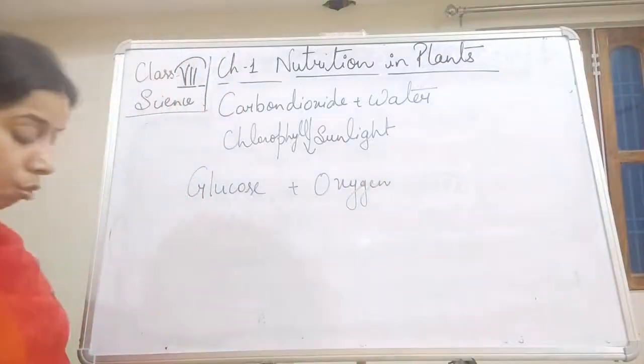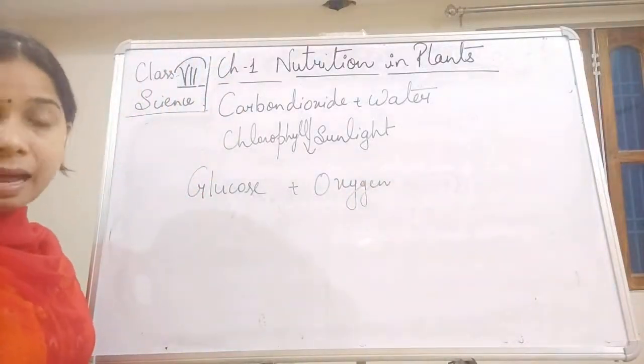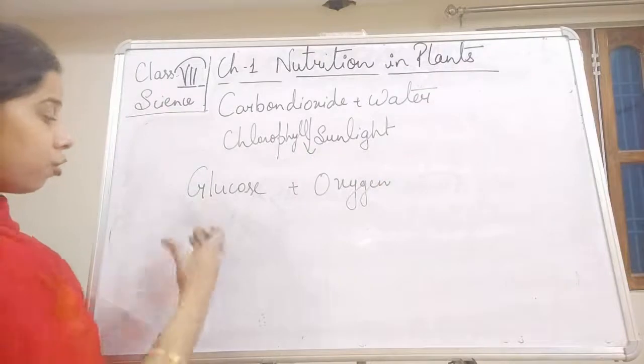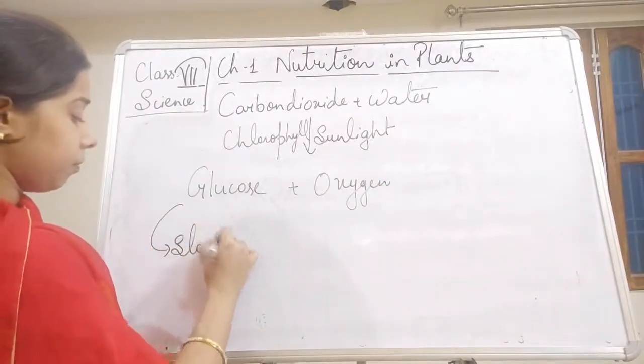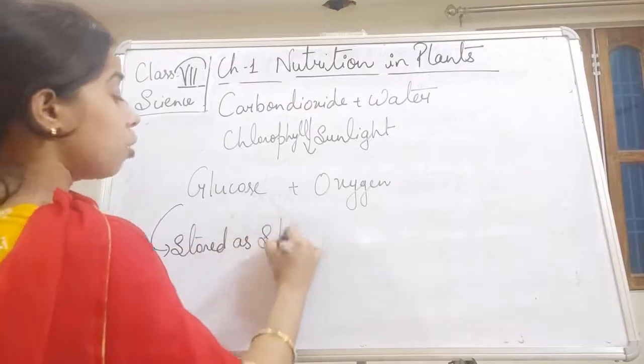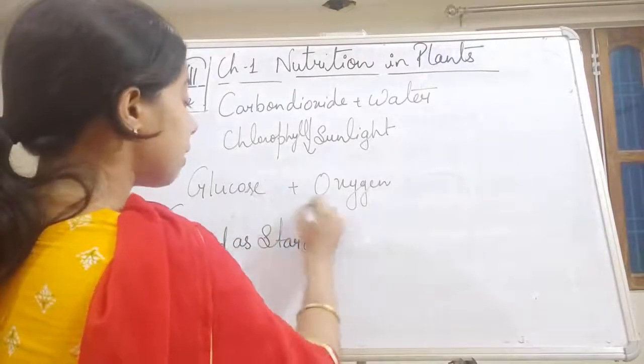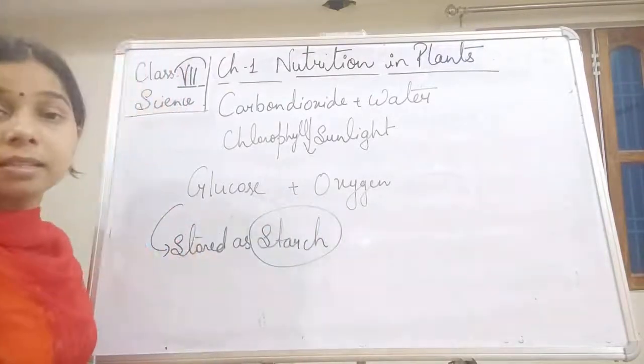Now this glucose is stored in the plant in the form of starch. So we can say that the result of photosynthesis is the starch.